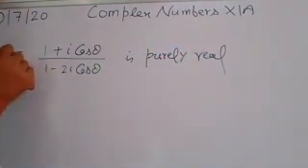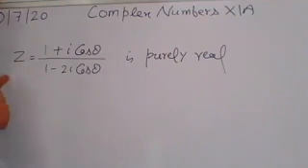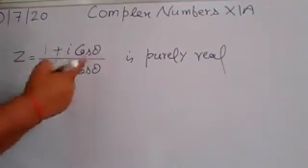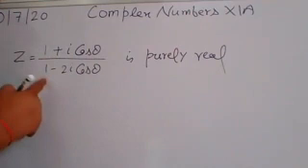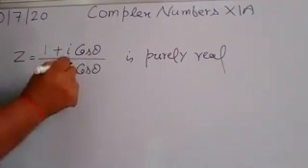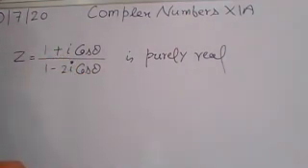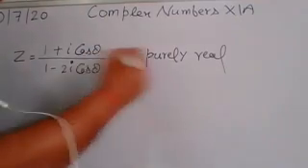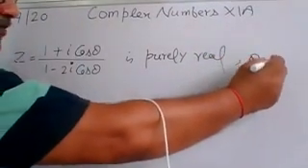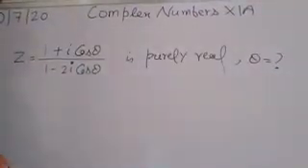Here it is given that the complex number Z = (1 + i cos θ)/(1 − 2i cos θ) is purely real, so you have to find the real value of theta.